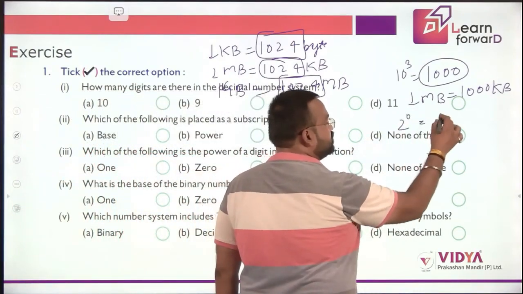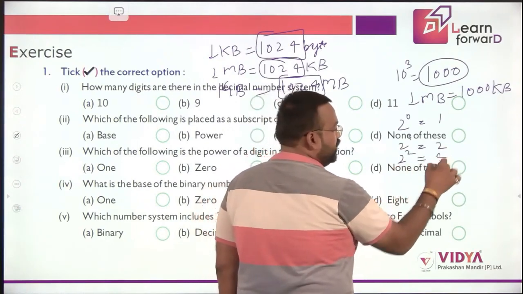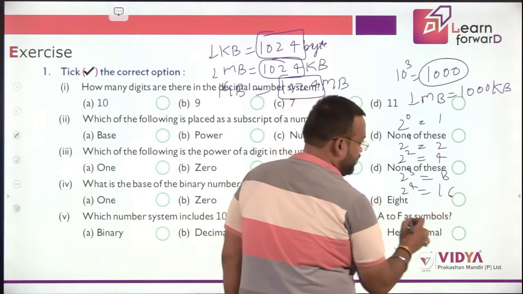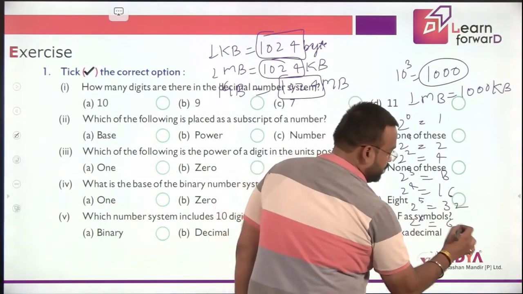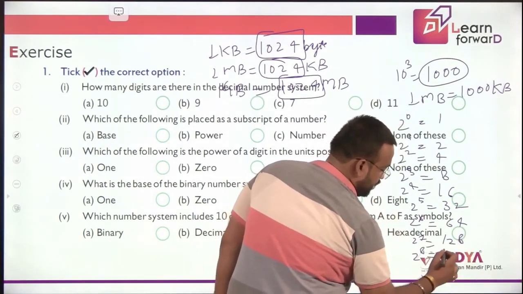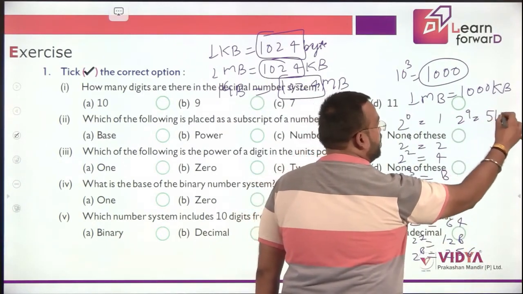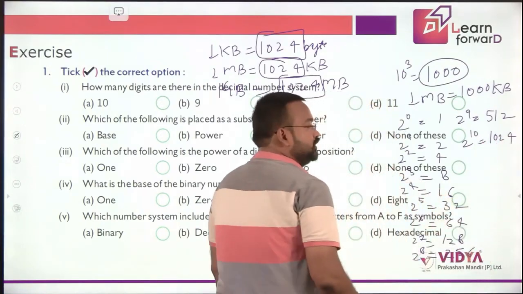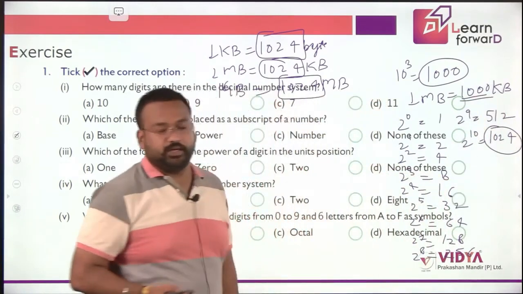We have 2 to the power 0 is 1, 2 to the power 1 is 2, 2 to the power 2 is 4, then 8, 16, 32, 64, 128, 256, 2 to the power 9 is 512 and 2 to the power 10 is 1024. So basically this is the nearest number to 1000 in binary.